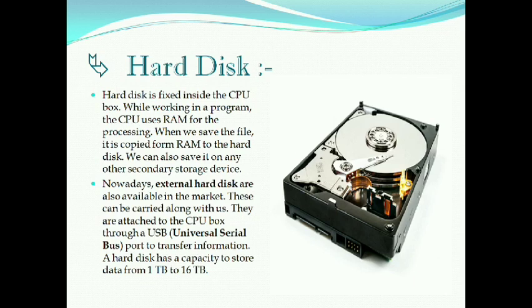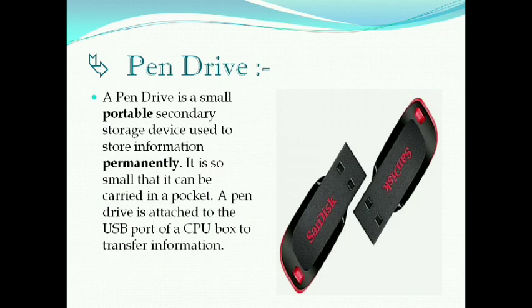So the next important point comes here, pen drive. A pen drive is a small portable secondary storage device used to store information permanently. It is so small that it can be carried in a pocket.